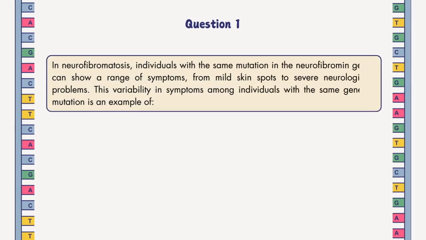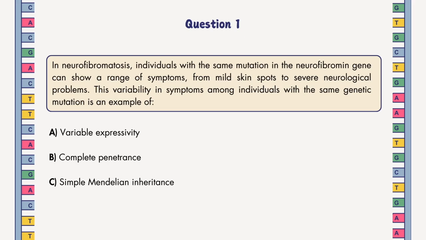Question 1. In neurofibromatosis, individuals with the same mutation in the neurofibromin gene can show a range of symptoms, from mild skin spots to severe neurological problems. This variability in symptoms among individuals with the same genetic mutation is an example of option A, variable expressivity, option B, complete penetrance, option C, simple Mendelian inheritance.